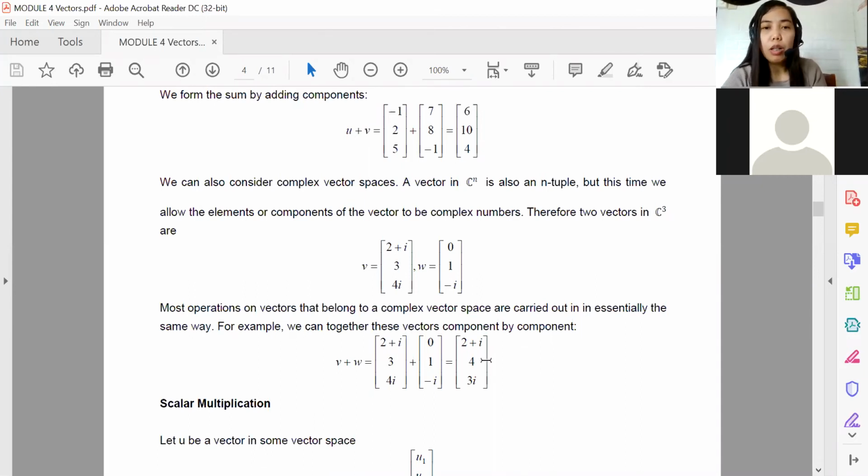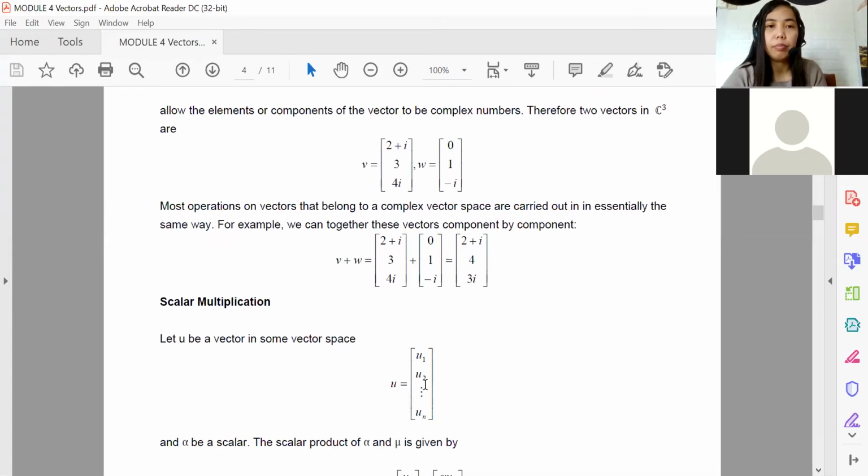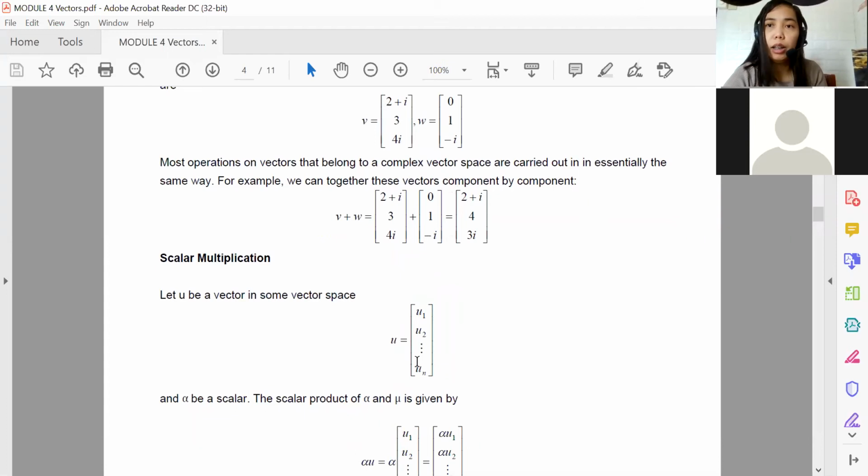So 3 plus 1 is 4. 4i plus negative i is 3i. So i is like the variable x, so you add similar terms. Are we clear in adding real and complex?